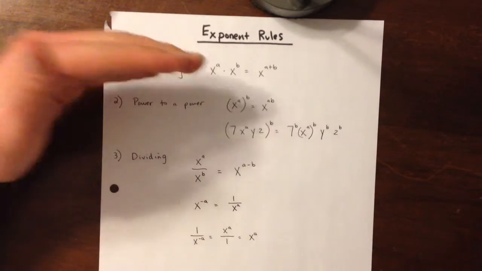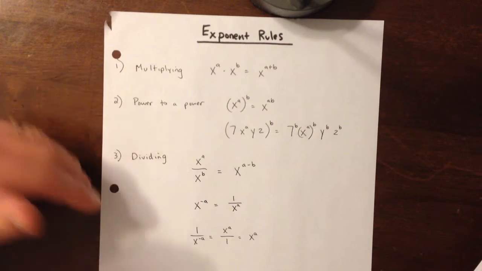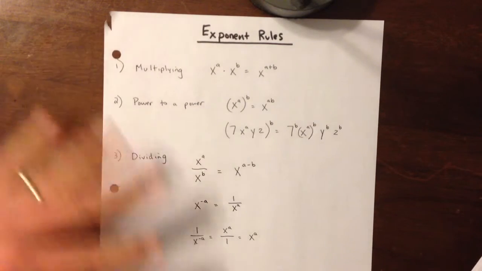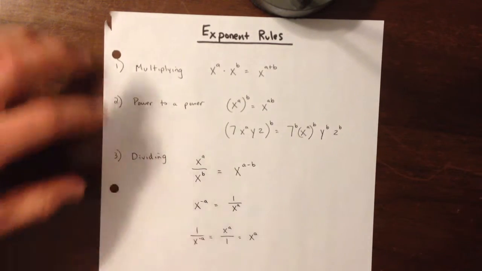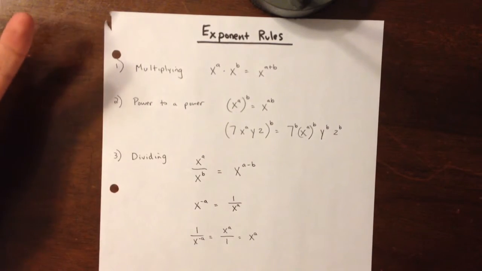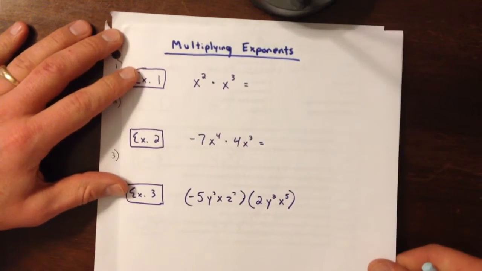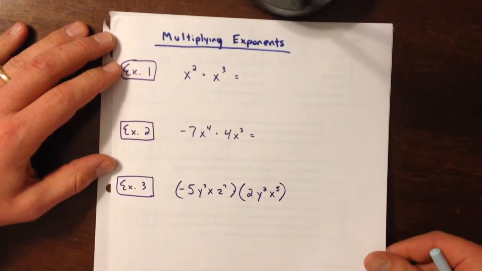When we're just doing multiplying, it seems real easy. When we're just doing power to a power, it seems easy. Dividing is a little bit more difficult, but when we mix all the rules together, you've got to keep things straight. So you have to really go back to the very basics of what an exponent means.